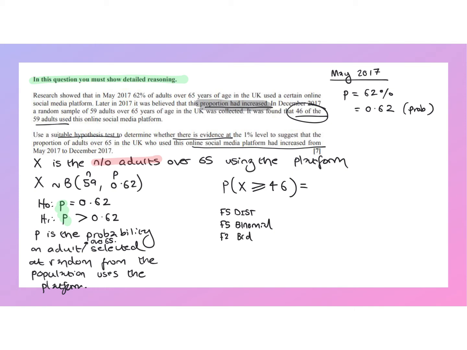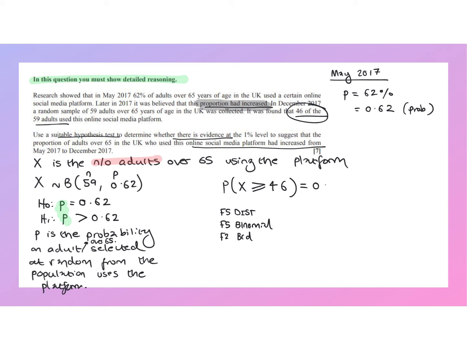Now from there, for your settings, you want the data to be variable. The lower value is 46. The upper value is, of course, 59, which is the maximum number of people in the trial. Number of trials is 59, that's N, and P is taken as 0.62, the original probability.